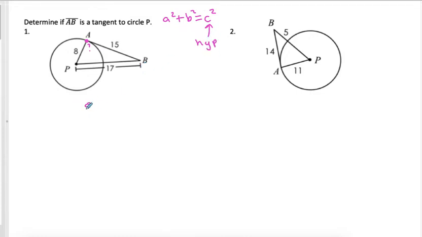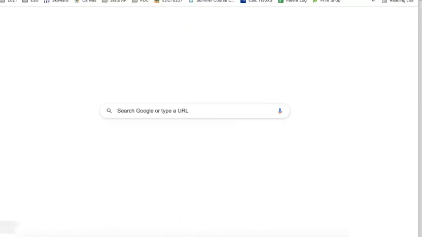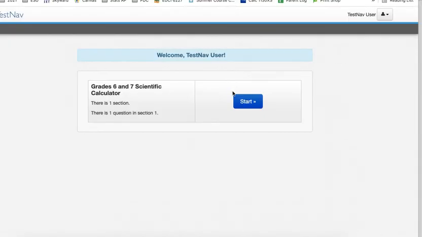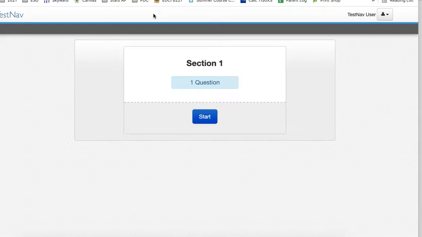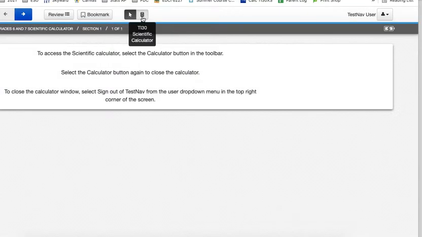So when I check this, I'm going to do 8 squared plus 15 squared, and check, is it really equal to 17 squared? Let me pull up my calculator.